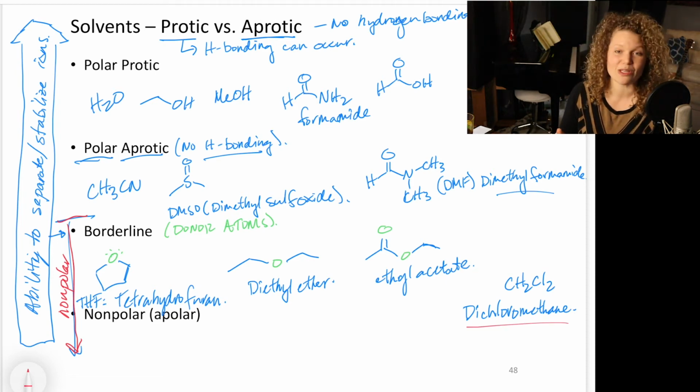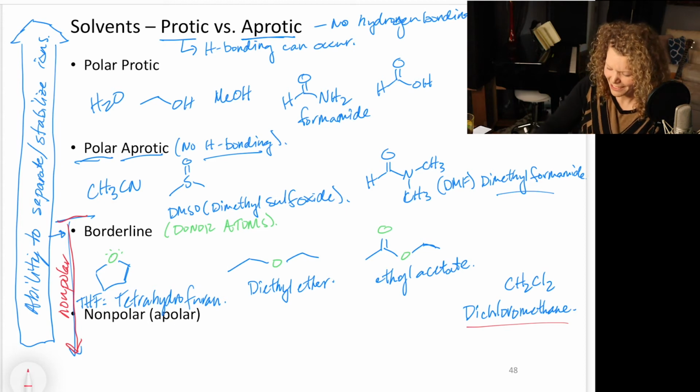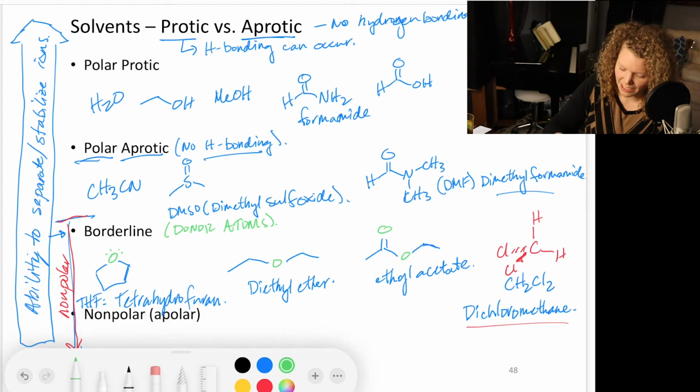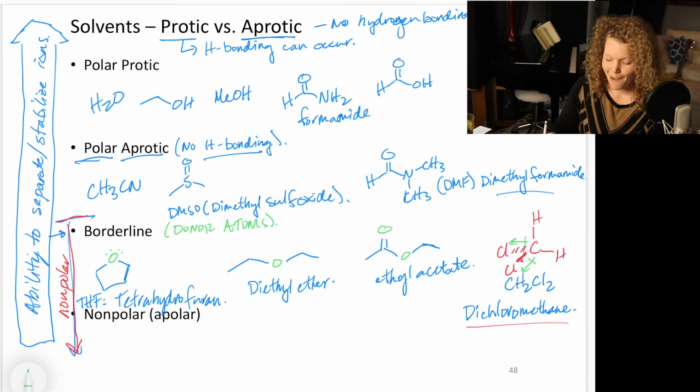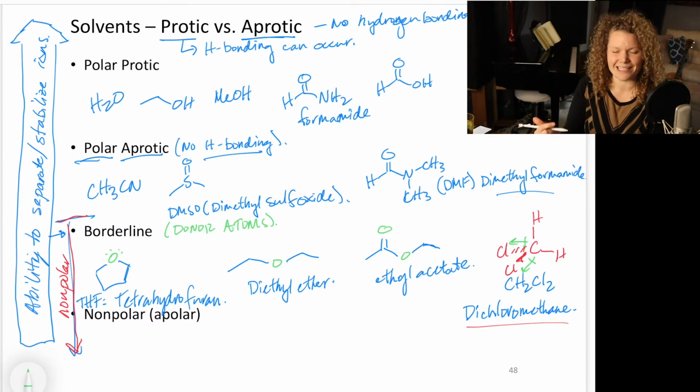Dichloromethane is also a really great solvent. Now, we know dichloromethane isn't completely void of a dipole moment, because if we draw it out, check out the dipole moment that we have here between the carbon-chlorine bond. But it's pretty close. Carbon-chlorine bonds are here, but it mainly has CHs.